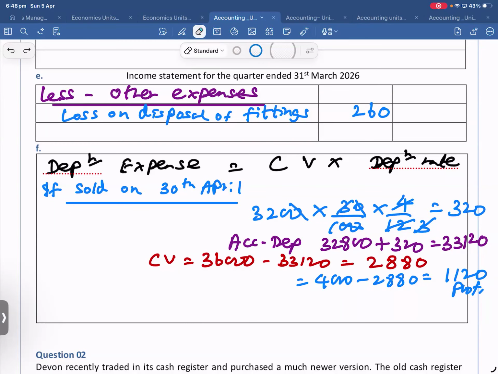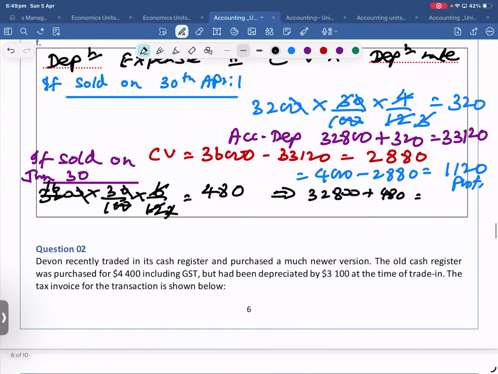So 480, what do we do? You are going to add it with 32,800. So total accumulated depreciation will be 33,280, yes? Then how much is the carrying value? 36,000 take away 33,280, which is 2,720.